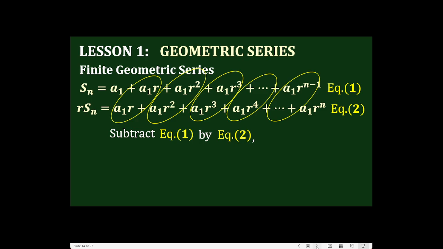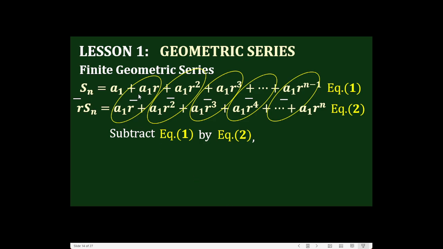Okay? So it means those encircled terms can be subtracted. Not necessarily term by term. We're going to subtract a term and its similar term.